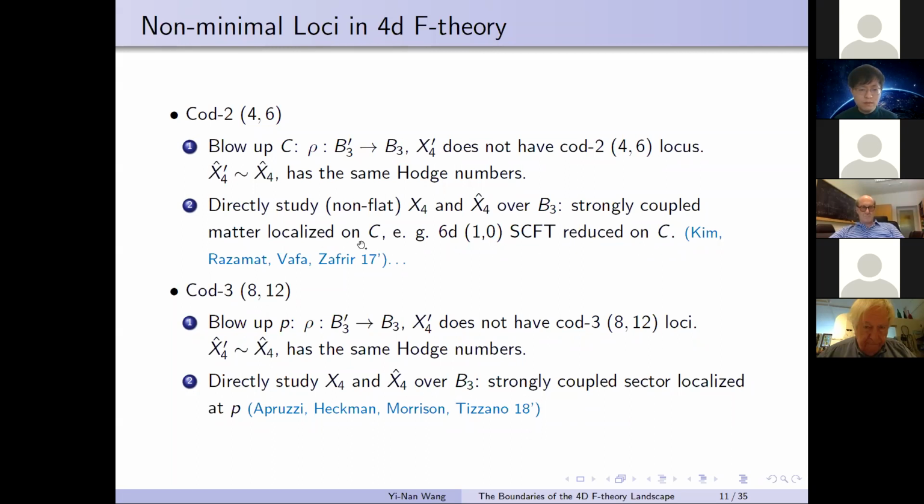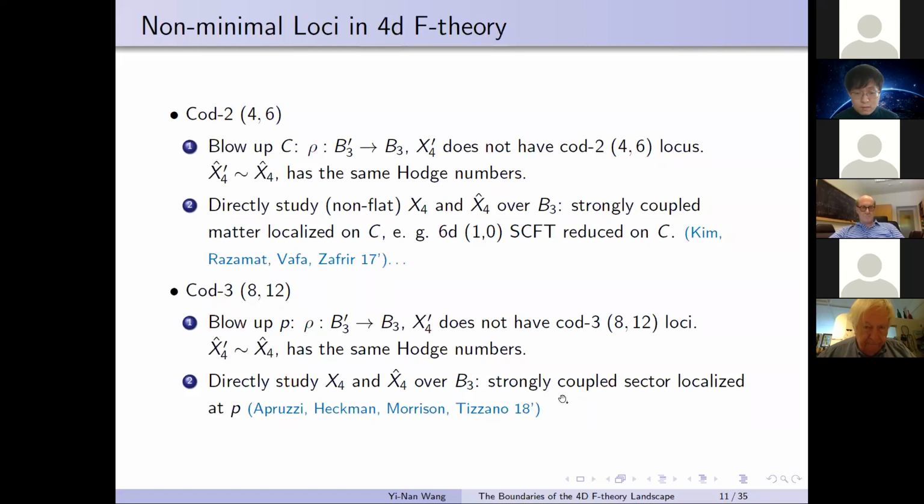Okay. Now, similarly, we can also consider a codimension 3 non-minimal locus. You can also either try to blow up this point on the base or directly study the non-flat fibration over the old base. In the latter case, there will also be a strongly coupled sector localized at this point. And this was studied by the 4D conformal matter paper by Fabio Apruzzi, Jonathan Heckman, Dave Morrison, and Luigi Tizzano.